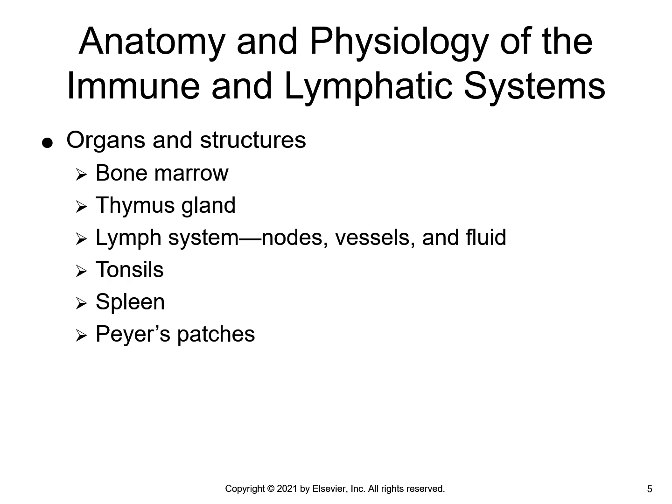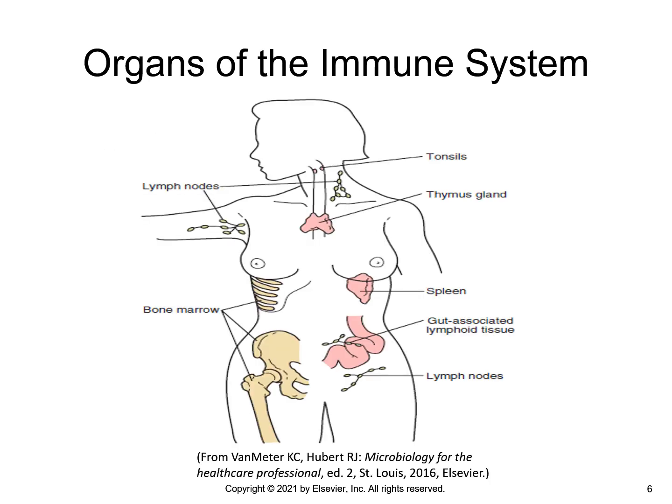The spleen does filter out damaged or old red blood cells, recycling the hemoglobin in the production of bilirubin. Peyer's patches are lymph tissue typically found in the ileum portion of the small bowel. These Peyer's patches help to defend against ingested pathogens. These are the organs of the immune system and the structures of the lymph system.